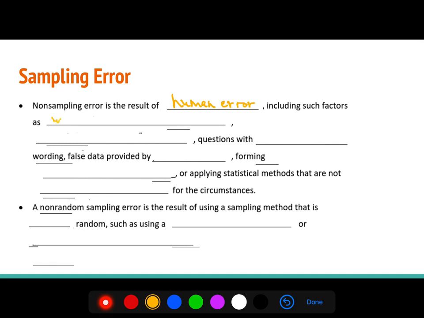Now, a non-sampling error is definitely the result of human error.